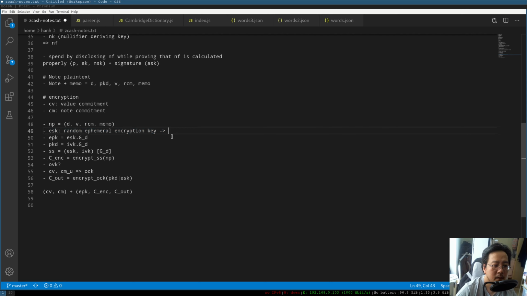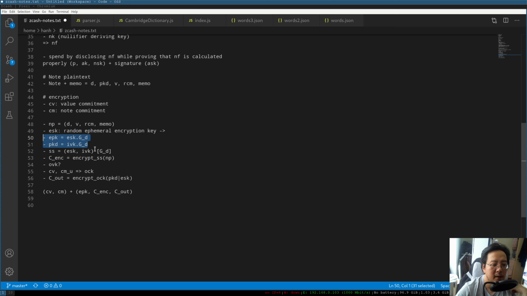output. Then you form the matching public key, multiplying by GD, and we remember that we also have this relationship with IVK. So EPK is ESK times GD, but PKD is also IVK times GD.